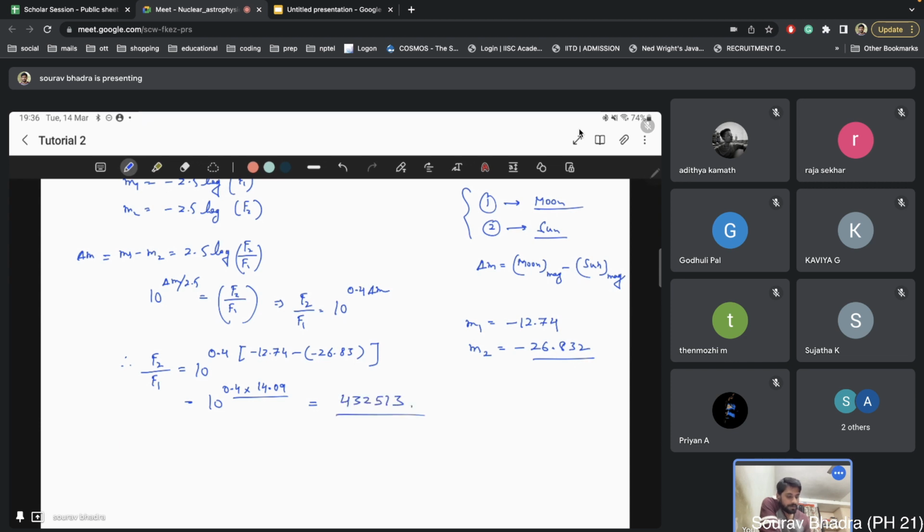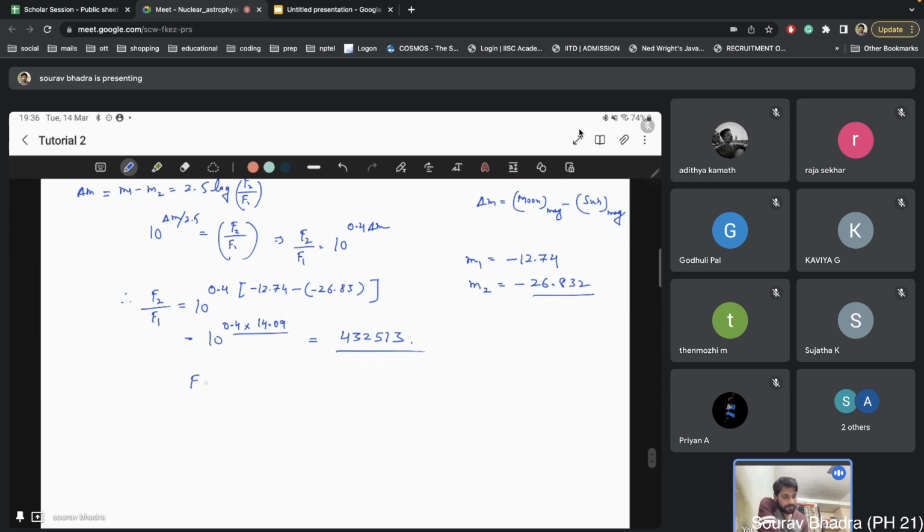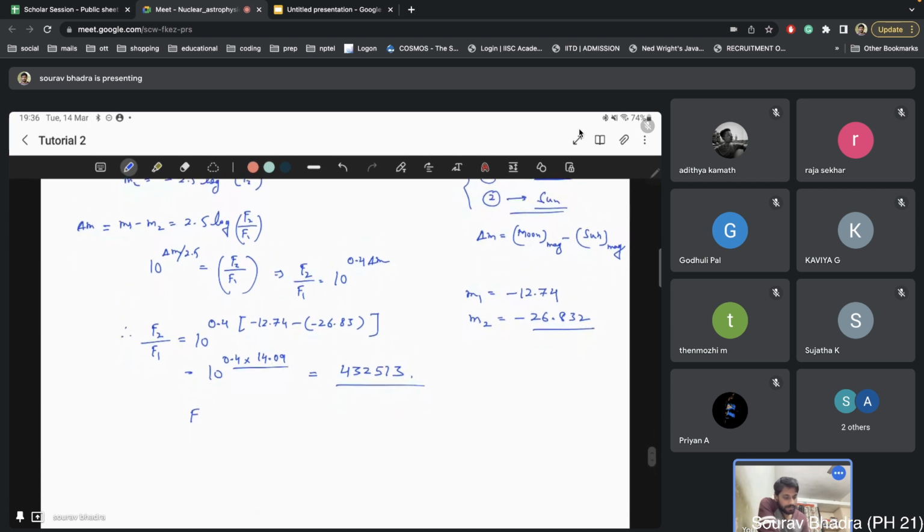And it will give you 432513. Okay, so F2 was for the sun, right? F sun by F moon is 432513. That means our sun is roughly 4 times 10 to the power 5 times brighter than the moon, which can be calculated using the magnitude system.